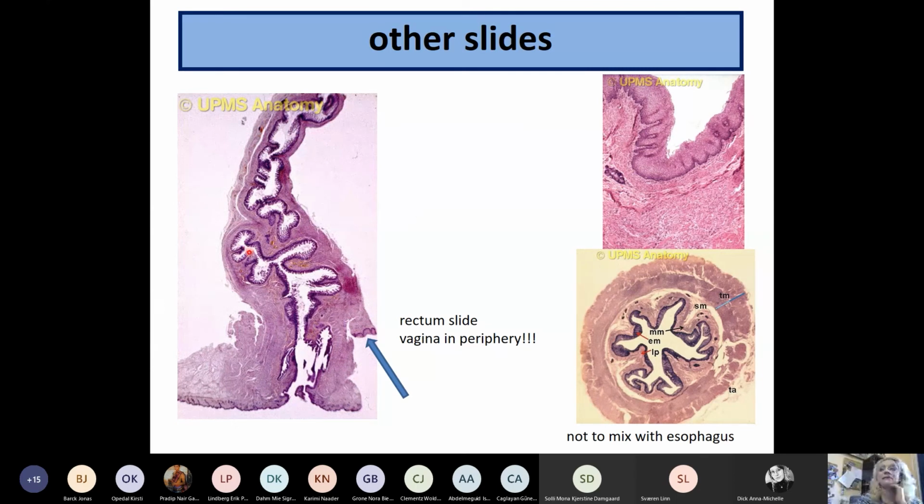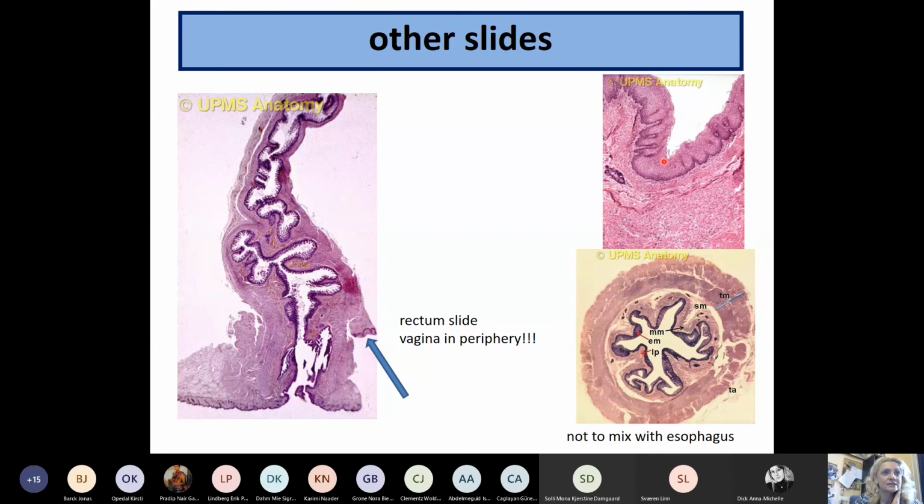In other slides, I wanted to show you the rectum slide, because in most of our slides, we can see a little piece of the vagina next to the rectum. And please don't mix it up with the esophagus. As I already said, apart from the epithelium, nothing is similar.